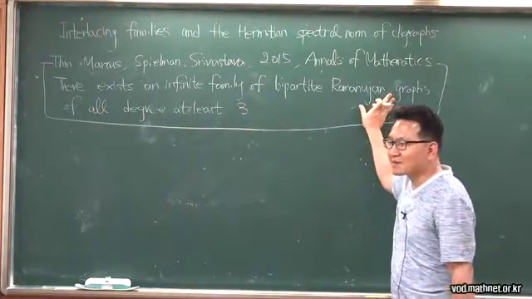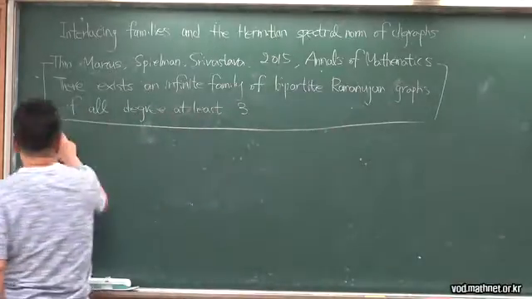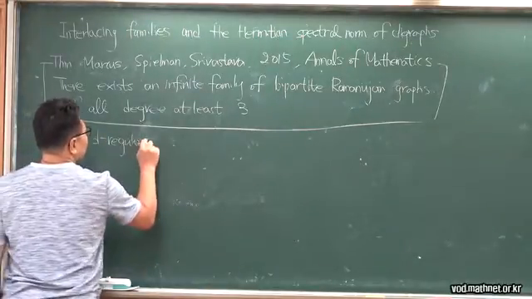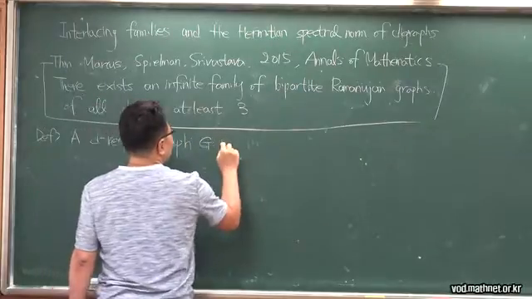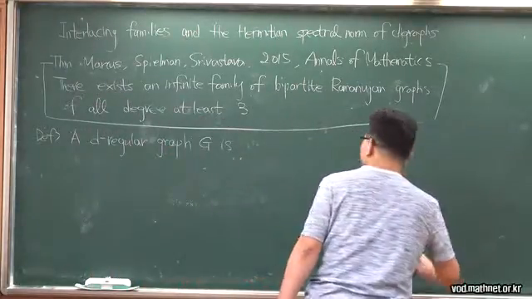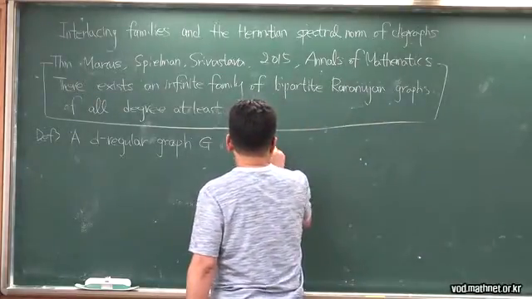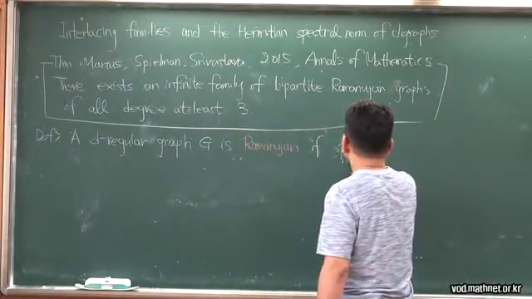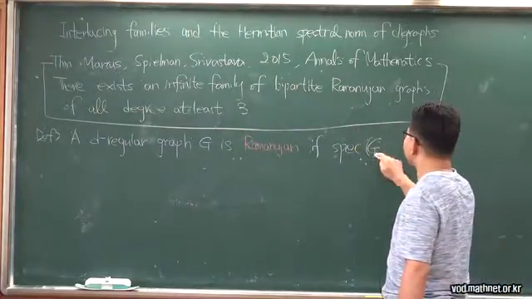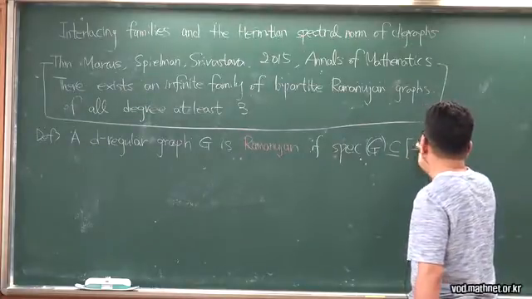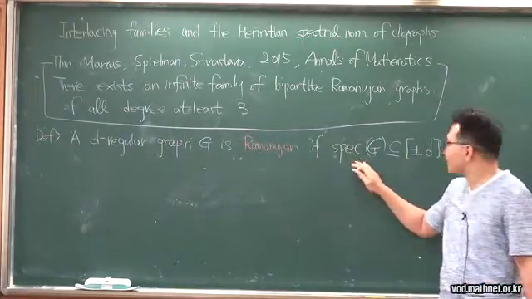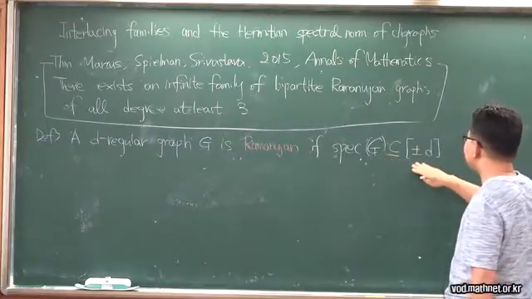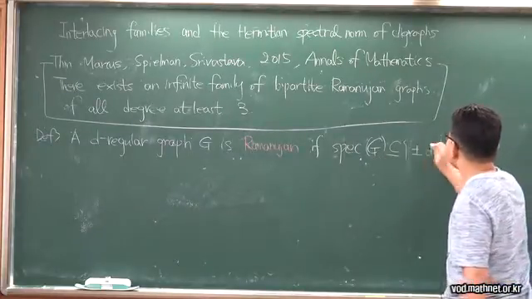So let me give you a definition of a Ramanujan graph first. A d-regular graph is Ramanujan if its spectrum, the set of all eigenvalues of the adjacency matrix of G, is included in plus or minus d, apart from the trivial eigenvalues.